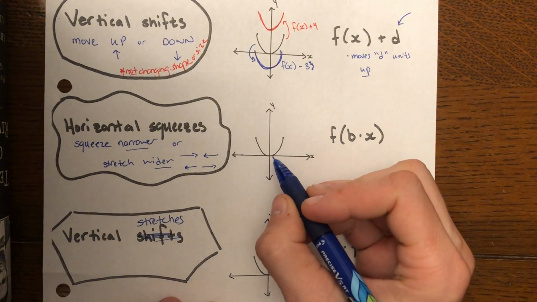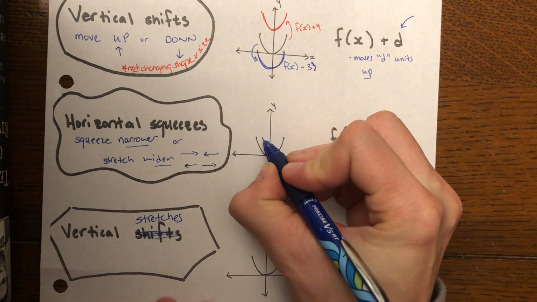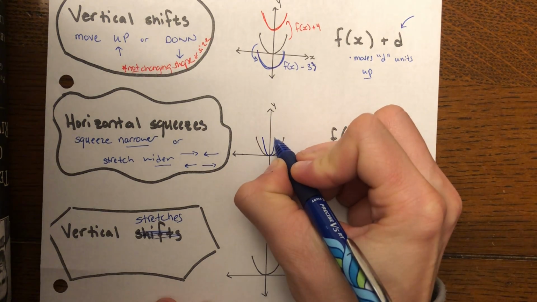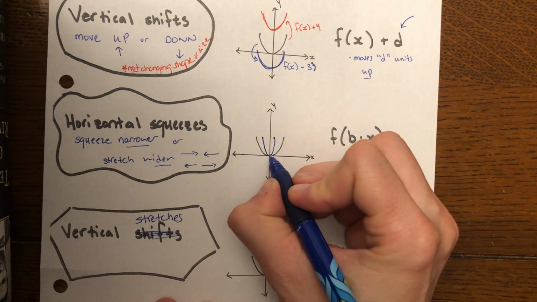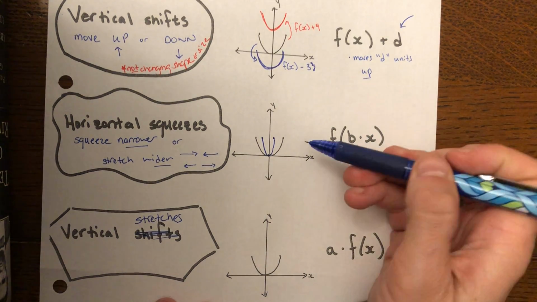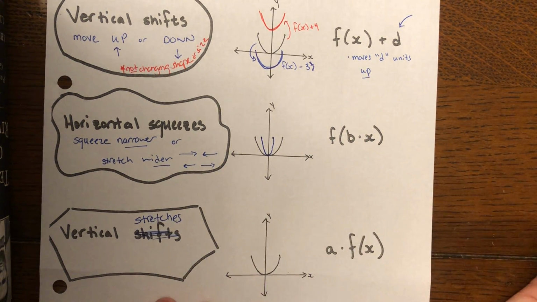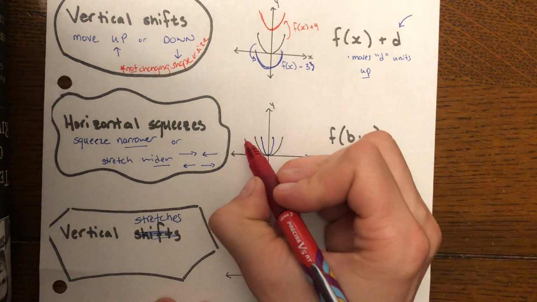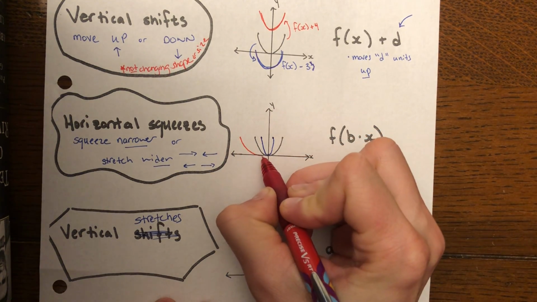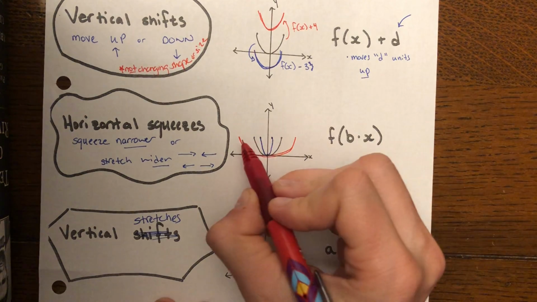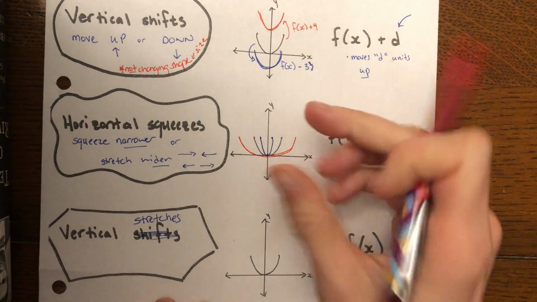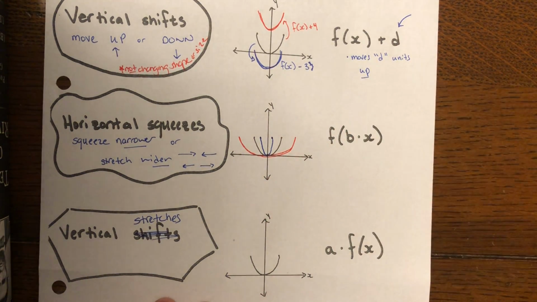So one example of this is if we squeeze narrow, we might end up with something like this. And you'll notice that it's the same height, it's in the same location, but my sides have squeezed in towards the center. Or I can end up with one that gets wider, like this, where again, the same height, but I've pulled and stretched my function outward.